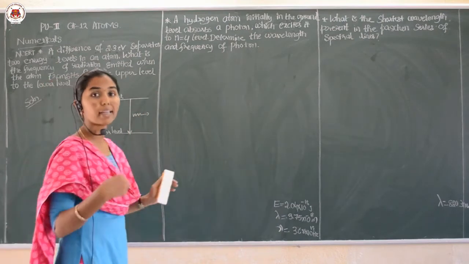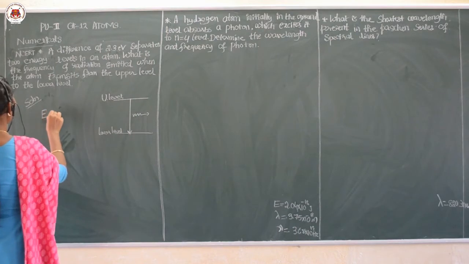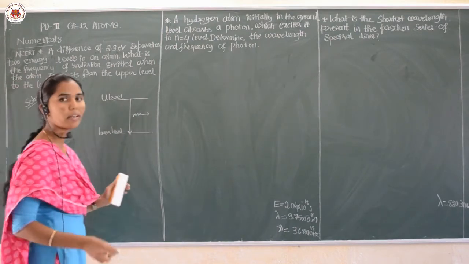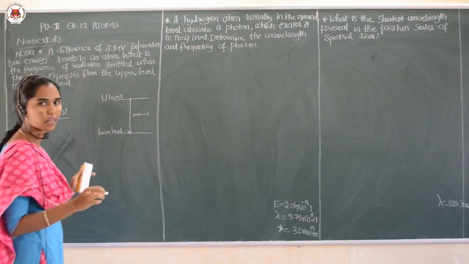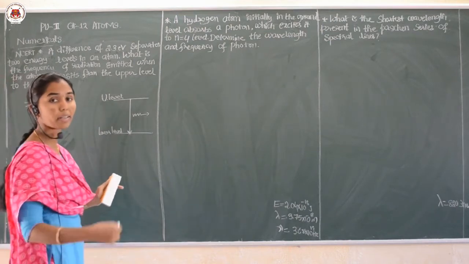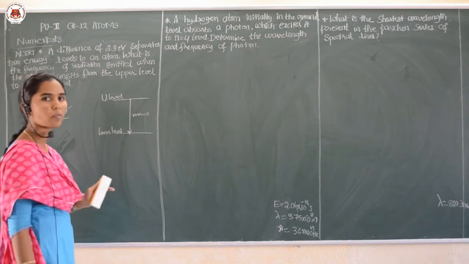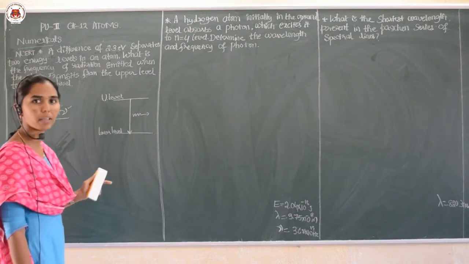What is the energy of that photon? Energy E is equal to h nu, where nu is the frequency of the radiation emitted, and h is Planck's constant, which has a standard value, and the energy E should be given here.